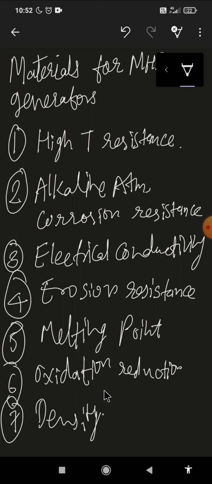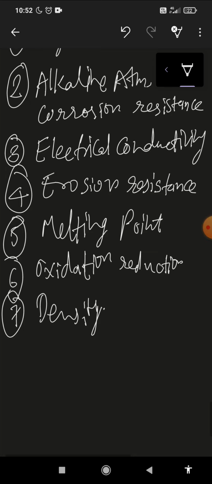So these are the main characteristics which are required for the material. To obtain such a material is very difficult and there are very limited criteria to select it. Now we will see the other materials which are required in the power plant.